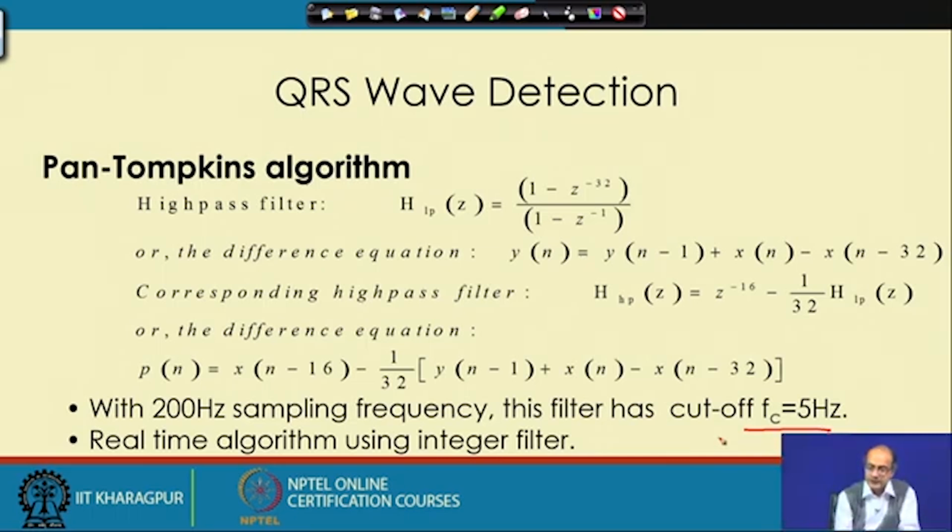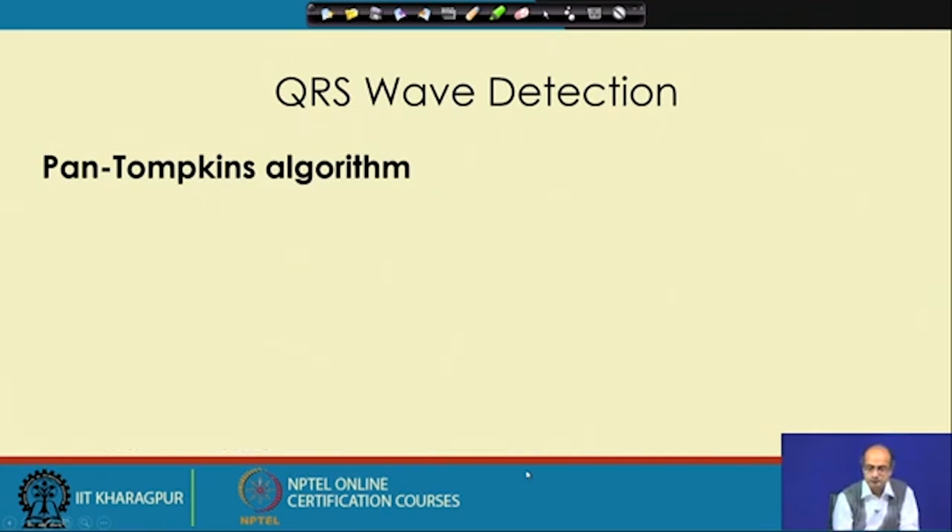So, below 5 hertz, all the low frequency signals are eliminated. Pan-Tompkins has found that most of the energy of the QRS complex is concentrated within this band, 5 to 11 hertz, and if we just keep that and throw away the other part, that is good enough for the QRS complex detection. And this real time algorithm helps us do the fast operation, and for that the integer filter is used again.